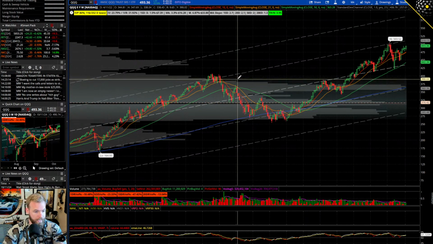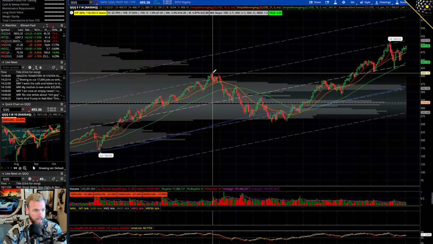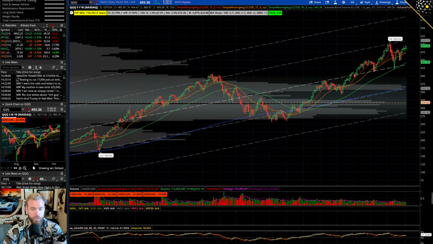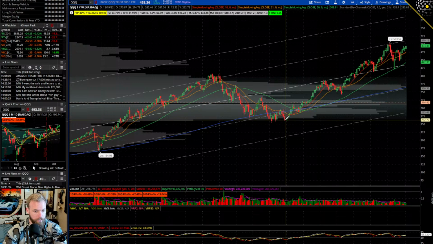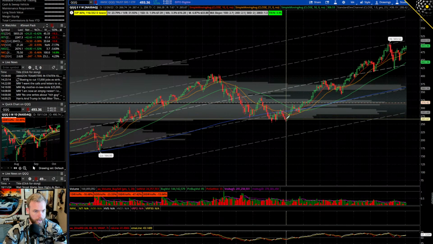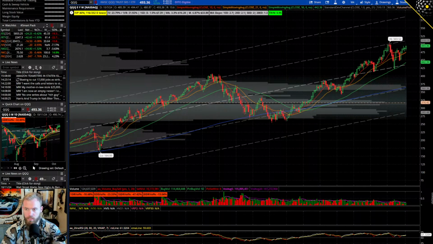So if we take a look at that very same period, let's just go from the high here. The high was 408.71. And then if we hit the low, let's just grab in here. Let's call it 260, just for ease.